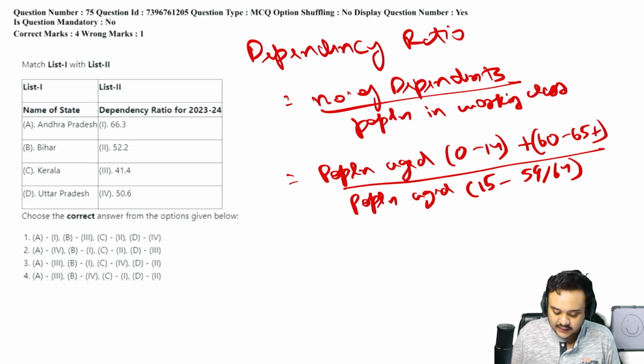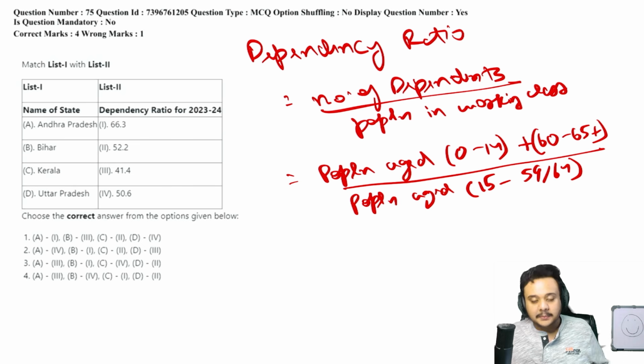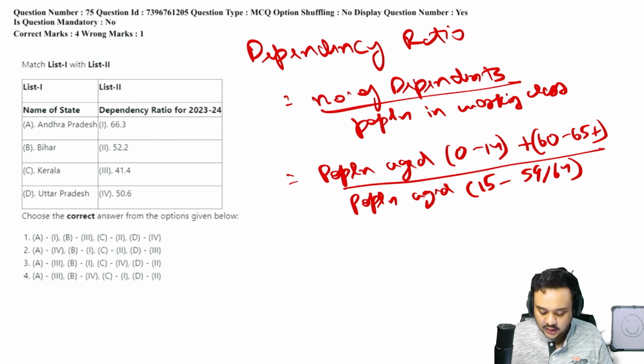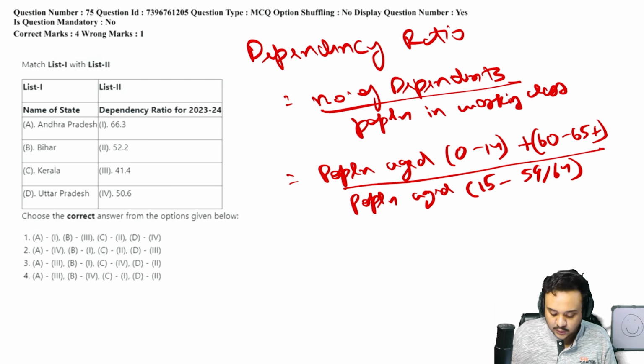This is the working class, and the above are the people that are dependent on them in terms of income, because they are not earning anymore. Either they are not old enough to work, or they have retired. These are the dependents, and this is multiplied by 100. So this is just the formula of it. I'm just telling it to you for the sake of it, otherwise that is not needed here.